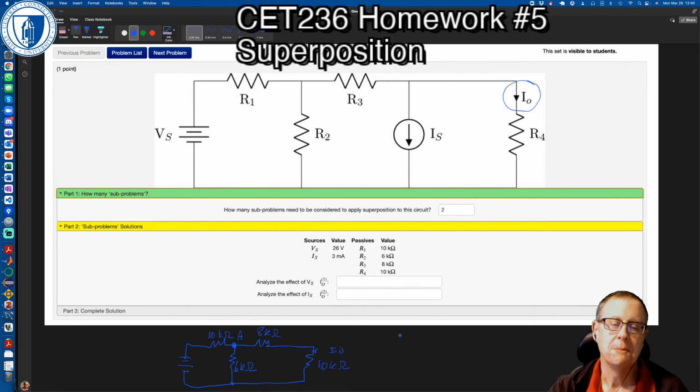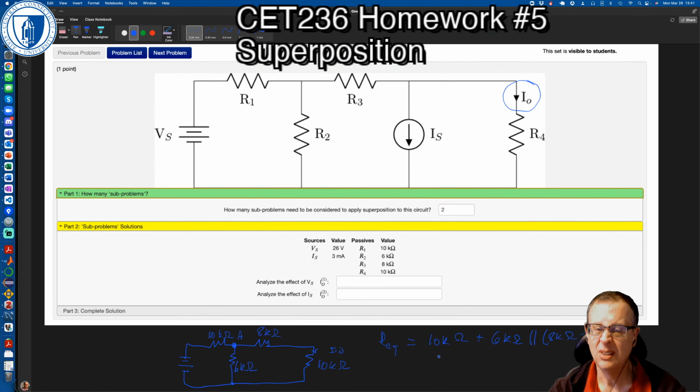So how do we do that? The equivalent resistance is 10k ohms plus 6k ohms in parallel with 8k ohms plus 10k ohms, because R3 and R4 without IS are in series.